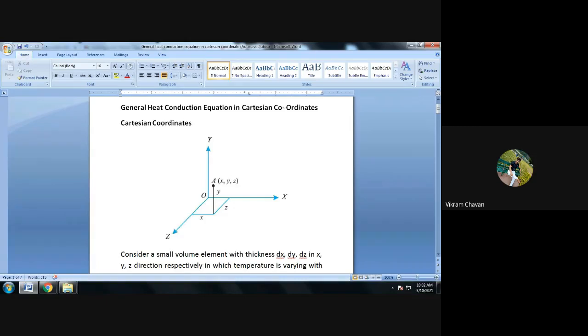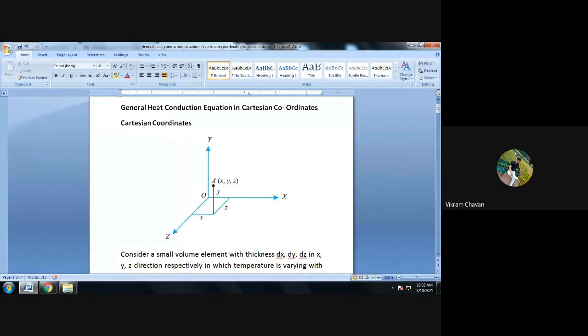So we locate a point in space by using the XYZ coordinate system, and this will be called a Cartesian coordinate system.